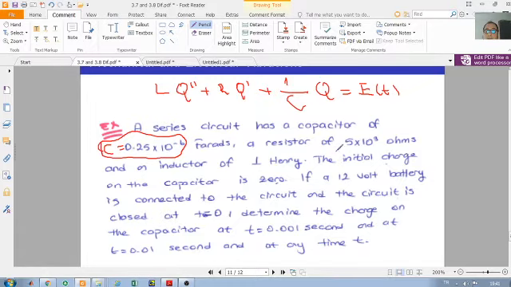A resistor of 5 times 10 to the power 3 ohms, which is R in the equation. You know R. And the inductor of 1 Henry, namely L, is equal to 1. We know the constants now.